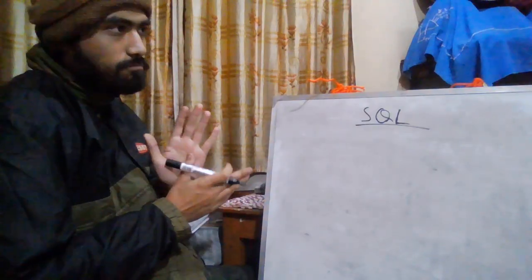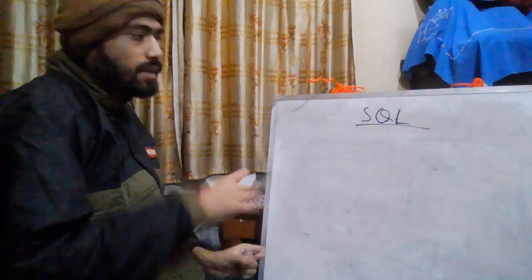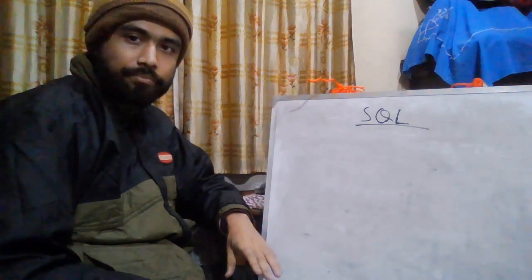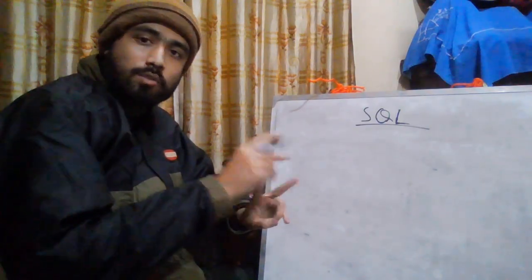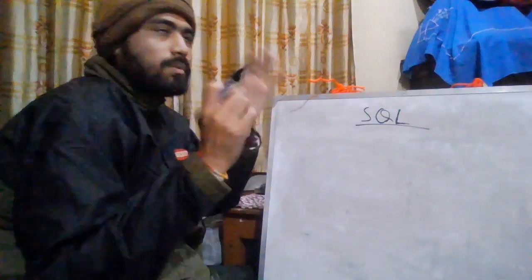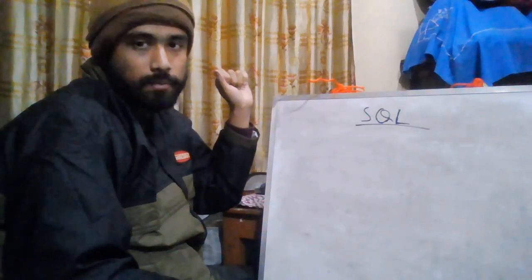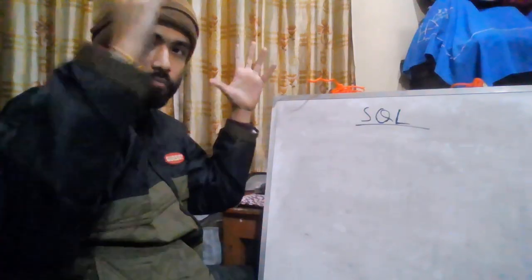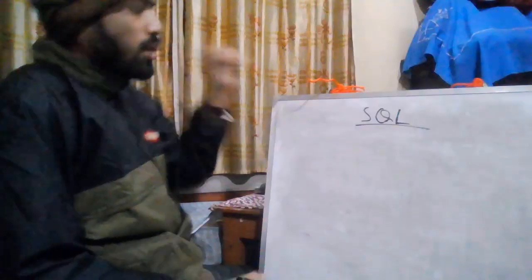Maybe two tables are mutually exclusive, but those two tables must be related to some other table, ideally. If all these tables are connected to each other and create a structure, then it is called a schema.